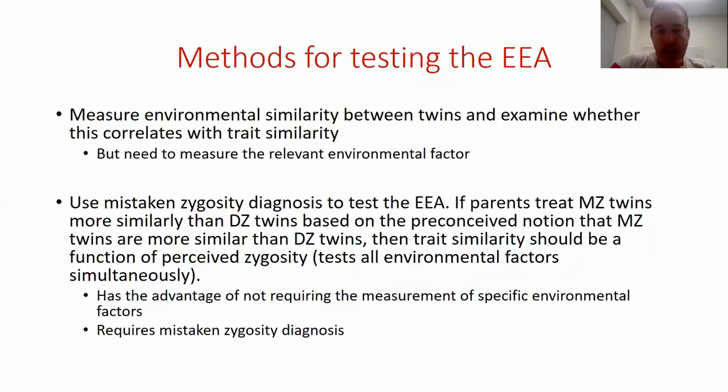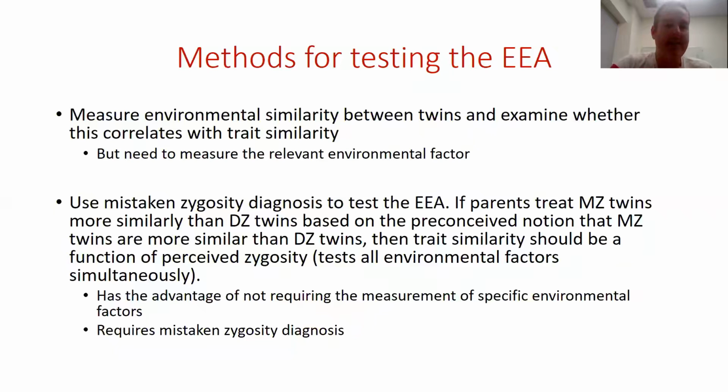There's also been clever methods based on mistaken zygosity diagnosis. The rationale here is that if parents treat MZ twins more similarly than DZ twins based on some preconceived notion that the MZ twins are more similar than DZ twins, then trait similarity should be a function of perceived zygosity.